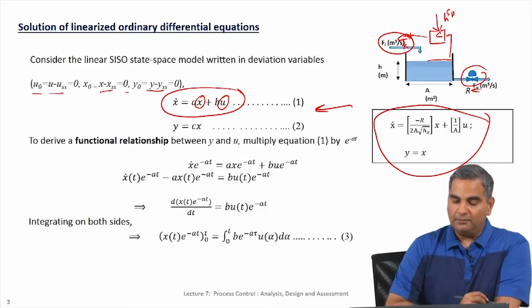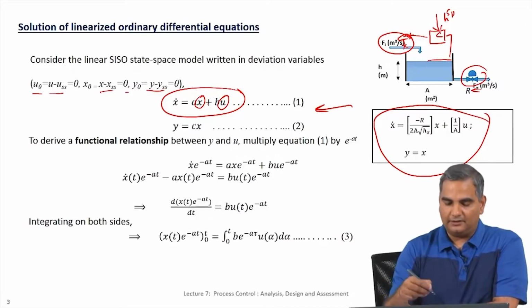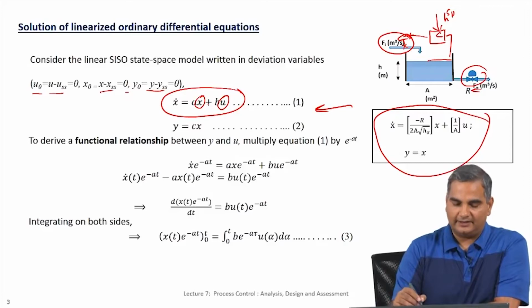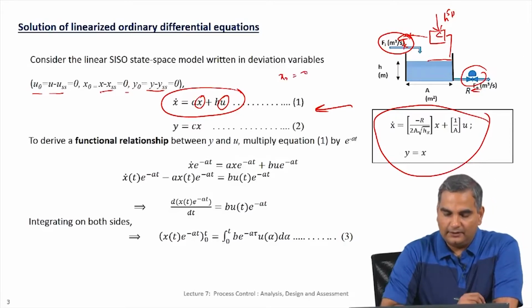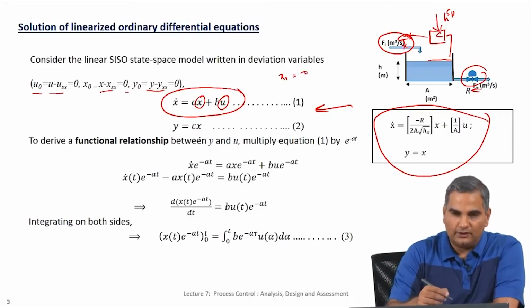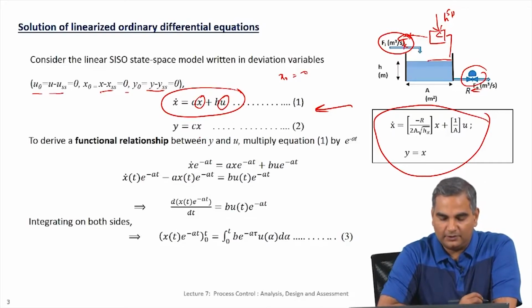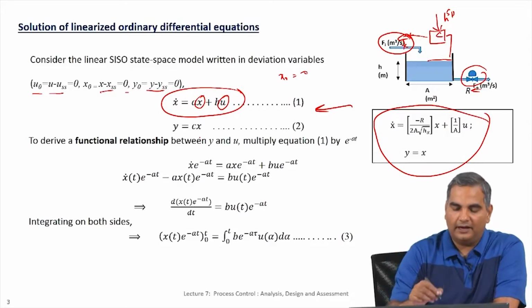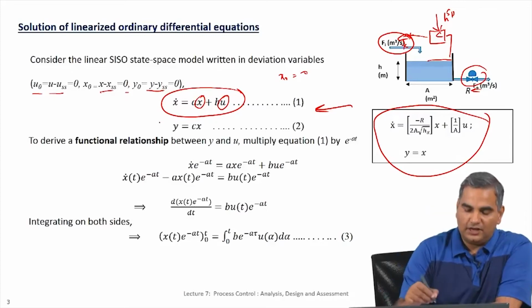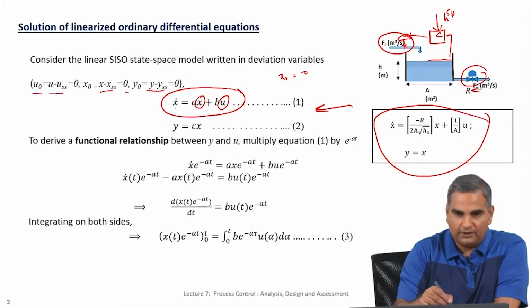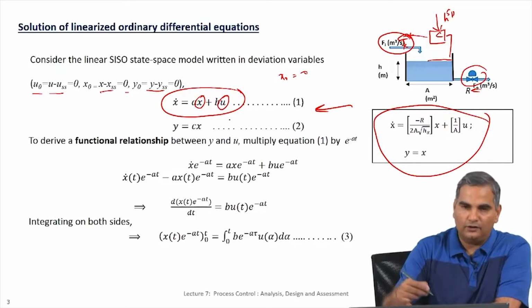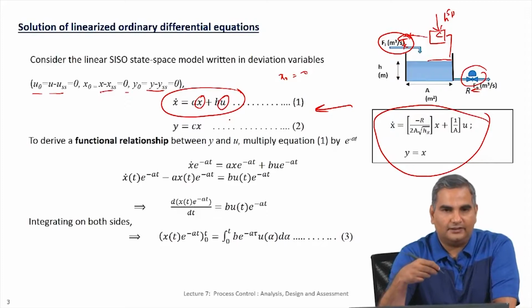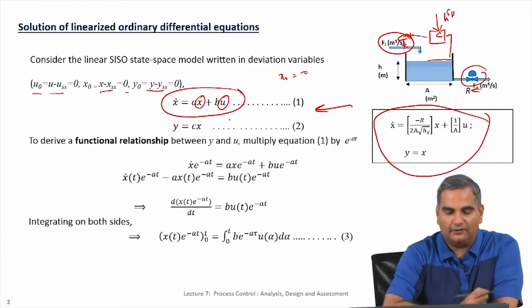If you start this system at some initial state x naught, in this case 0, then if there is no change in u, there is not going to be any x dot. If u stays 0, x dot is 0, that means I am at steady state. My process starts moving away from steady state if I make a change to my u, in which case x will change because there is a rate of x, and the minute x changes, this term also comes into the picture, and you will have the rate of change of x as a function of both its current value and the value of the input.